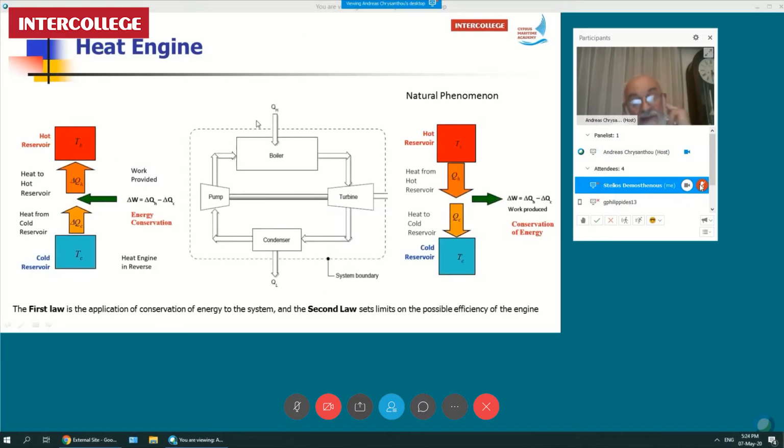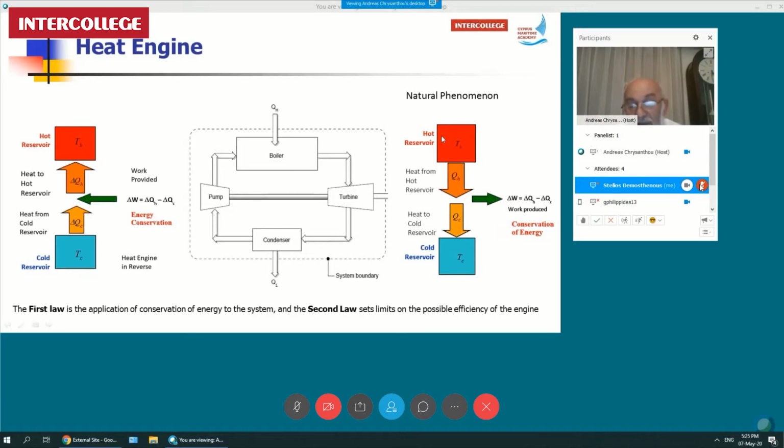Now, we can see it here as well, in a schematic, how the system is represented. And this also gives us another opportunity to present another interesting principle in thermodynamics, the heat engine principle.